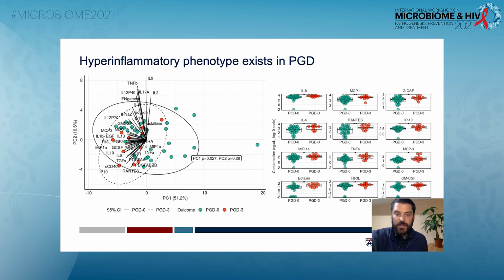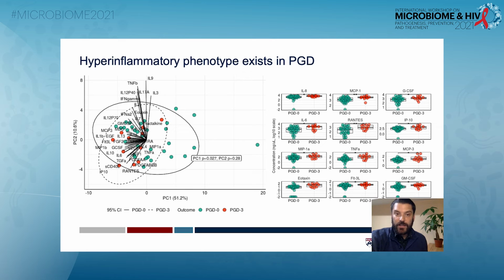Our next step was to assess the host response and inflammation through this 41-plex assay. And on the left, this is a principal components analysis looking at basically an overview of the type of inflammation that's seen in those that have severe PGD versus no PGD. And those that had more severe PGD were characterized by this hyperinflammatory phenotype.